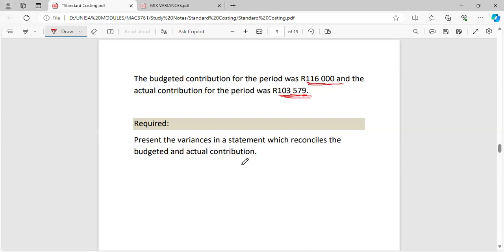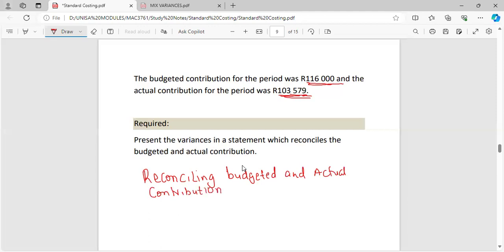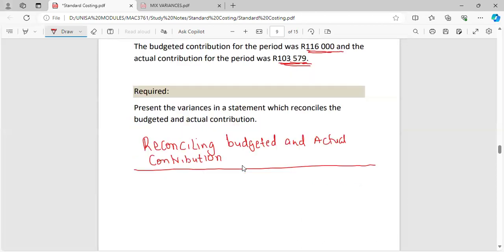So we want to reconcile the budgeted and actual contribution.